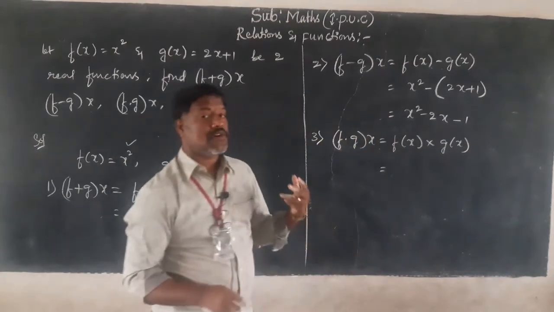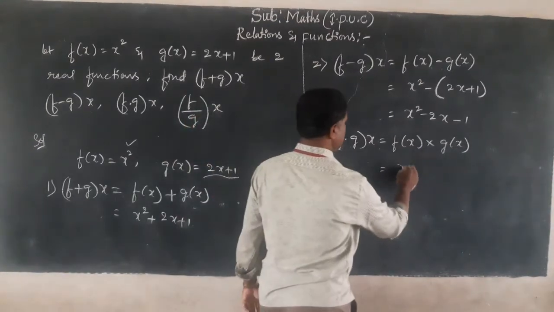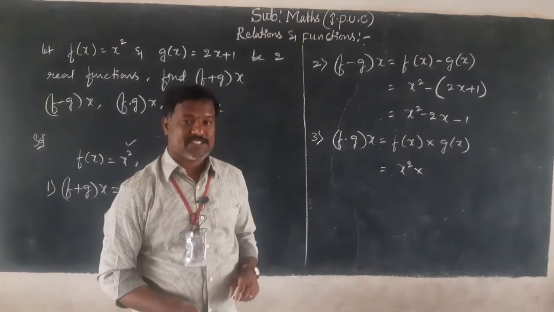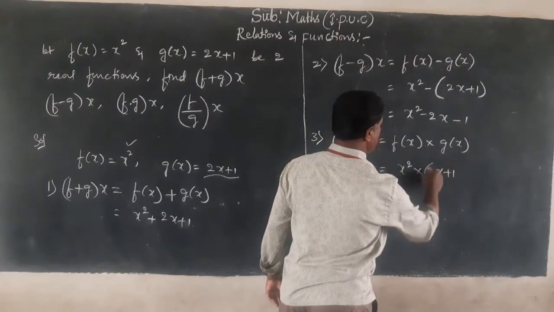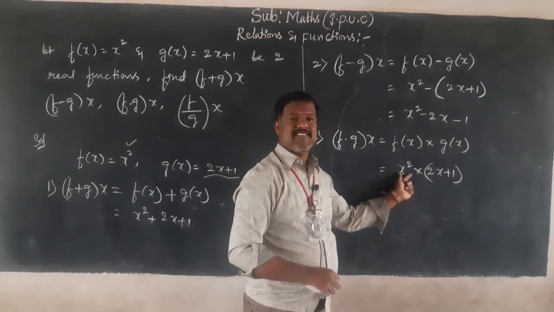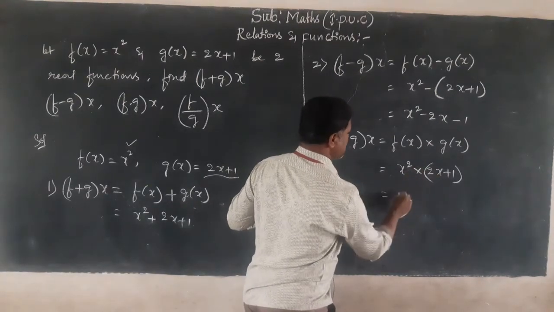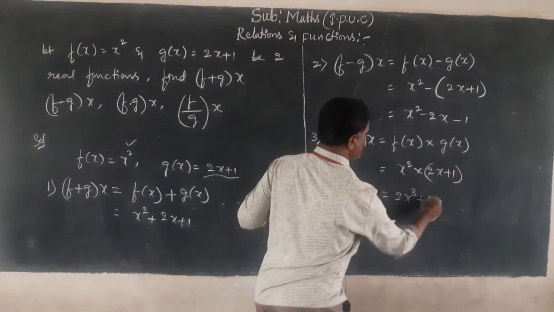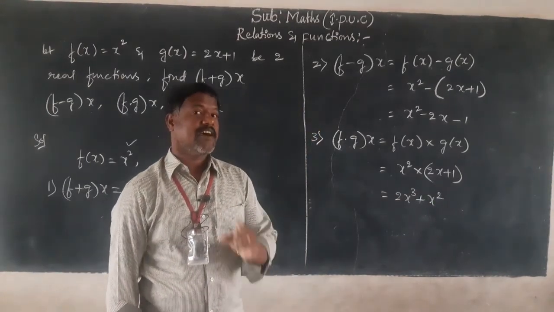Children, in place of f of x, we should take down the f of x value, that is x square, into, in place of g of x, we should take down the g of x value, that is 2x plus 1. Close the bracket. Now we have to simplify the given monomial with binomial, that is 2x into x square, 2x cube, plus into plus plus, x square into 1, x square. So this is what we call the correct answer.